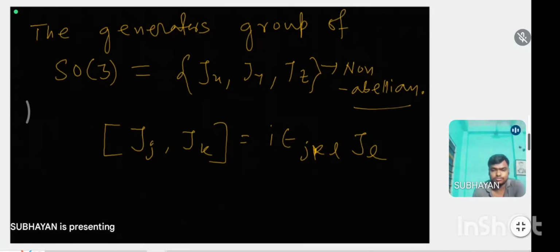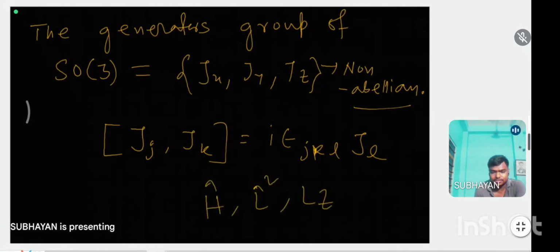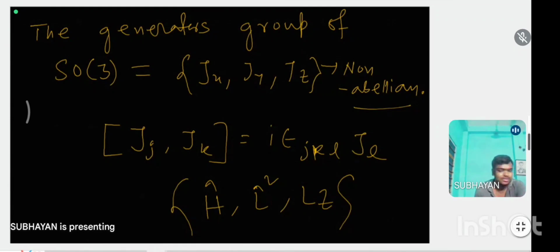CSCO may not form a group also. Okay, suppose H, L square and Lz. These will form a CSCO, but they are not a group. The elements of L square come from a different group, Lz is from a different group.